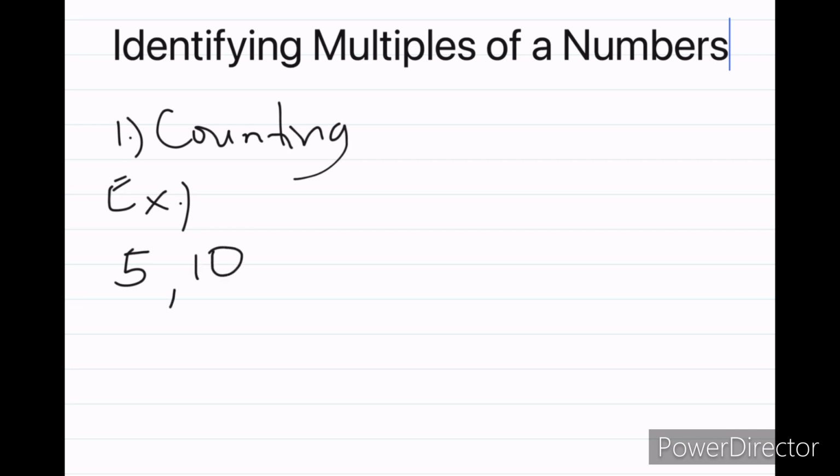So the second multiple of 5 is 10. Next, count again 5, starting with 10. The result is 15.